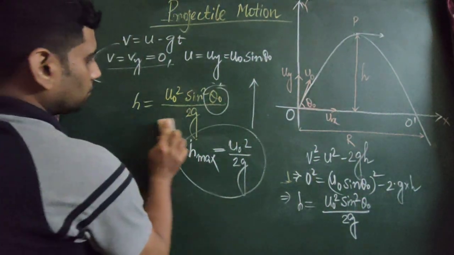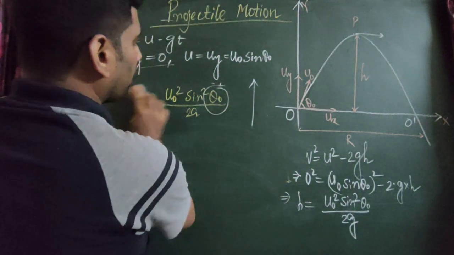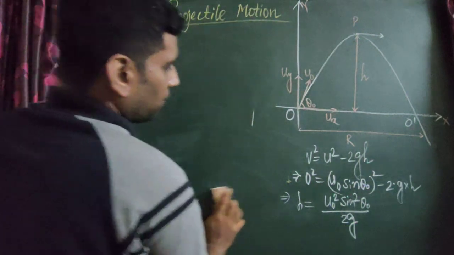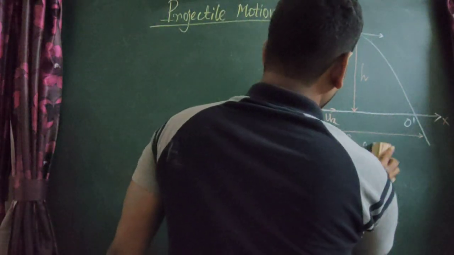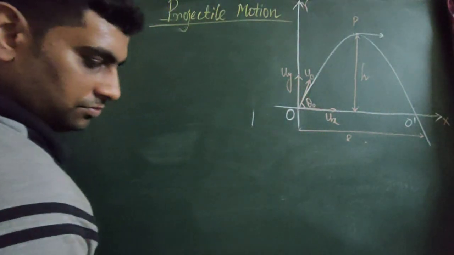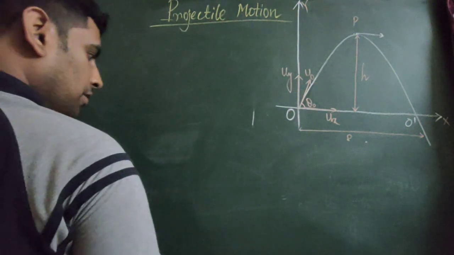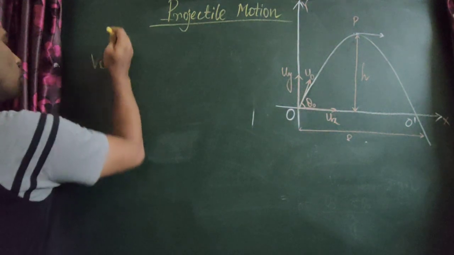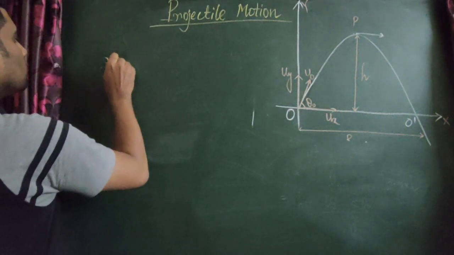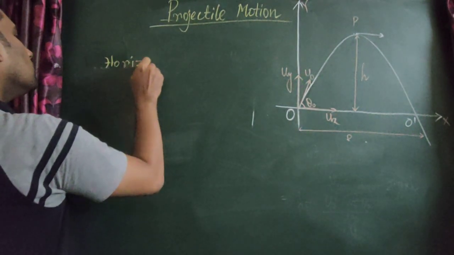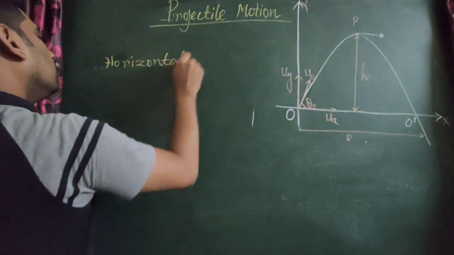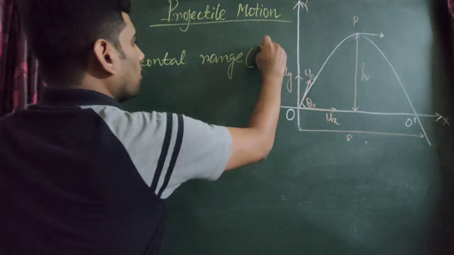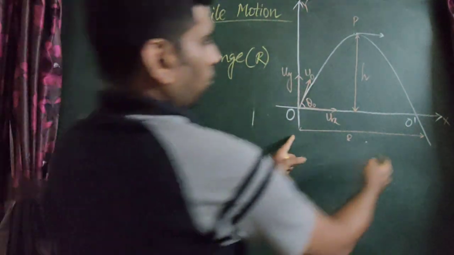Next, the third term is the horizontal range. Vertical range we have got, time of flight we have got. Now we will talk about the horizontal range, which is denoted by R here, from O to O prime.